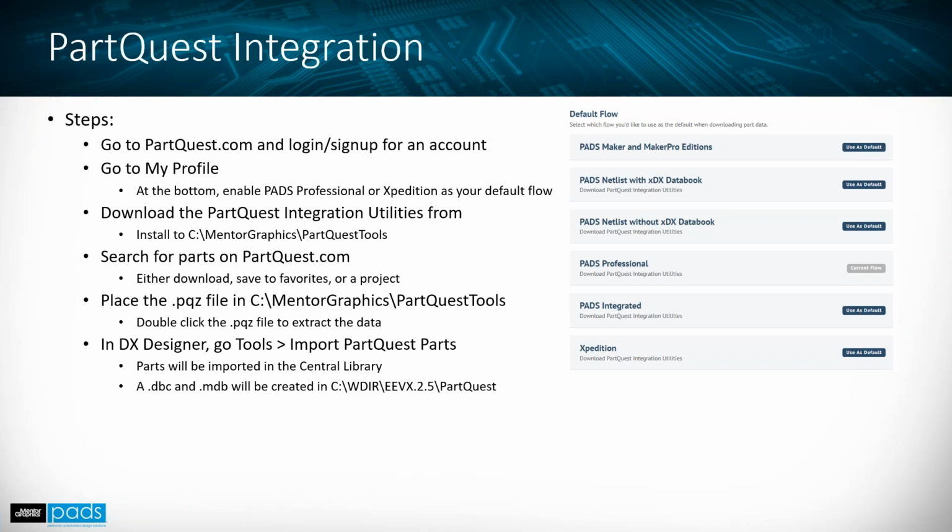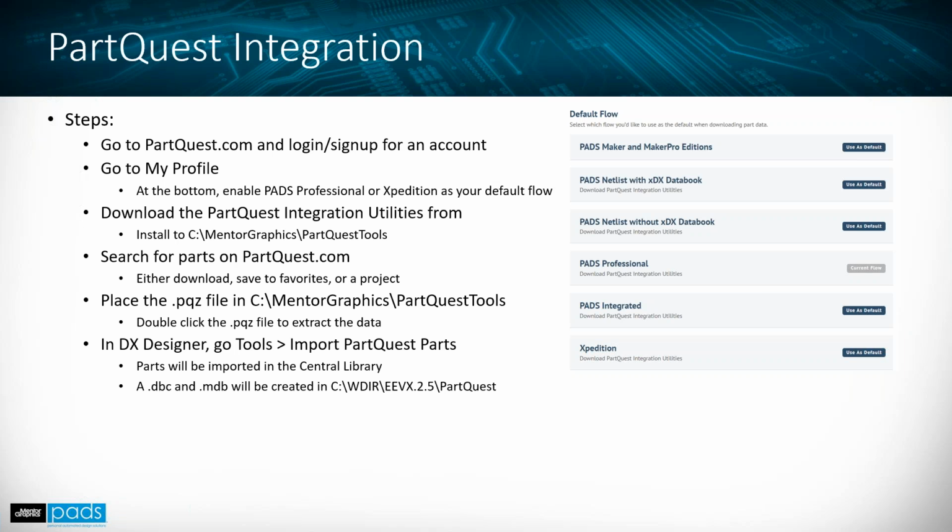After you've downloaded and installed the PartQuest integration utilities, the next thing is to start searching for parts. We'll go through some part searching today, and there are a couple of things I can do after I've found the parts I'd like to work with. I can directly download them one at a time, which can work.